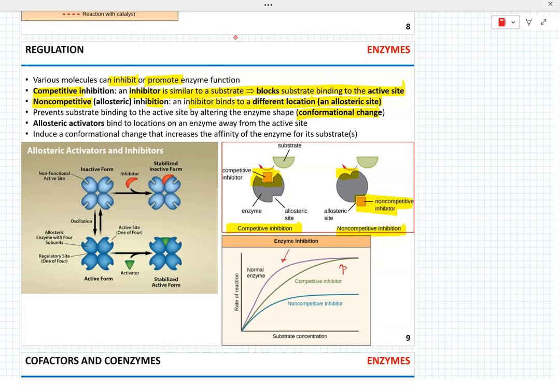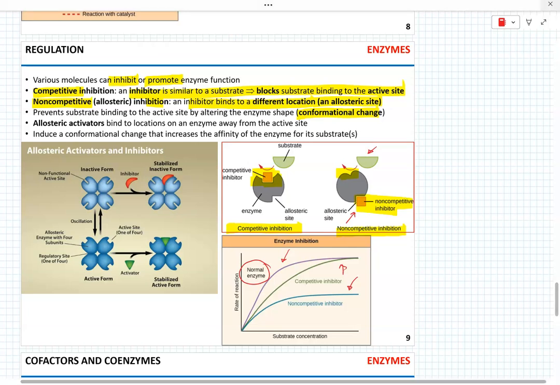However, in a case of non-competitive inhibition, the maximum rate of the reaction will be lower than for the normal enzyme because there is no competition between an inhibitor and the substrate.